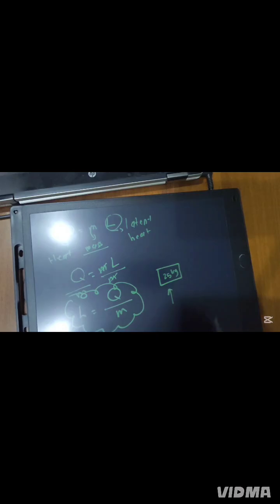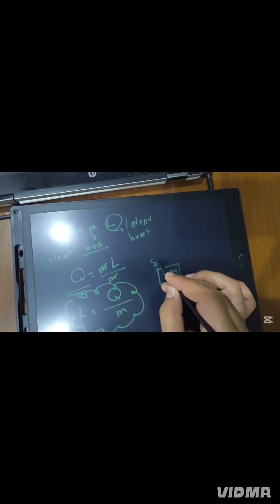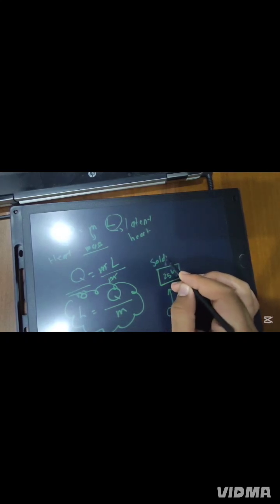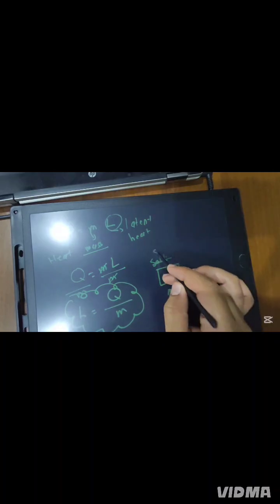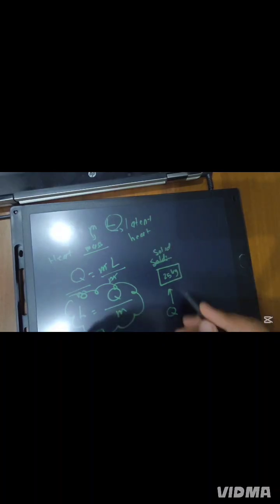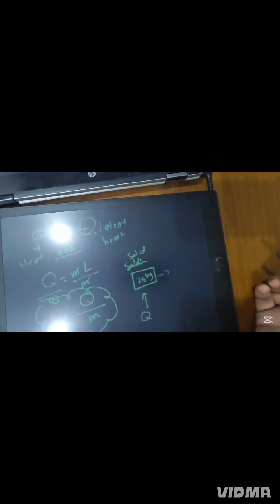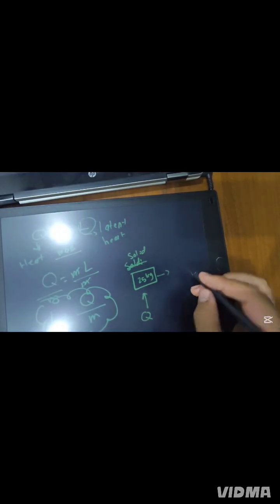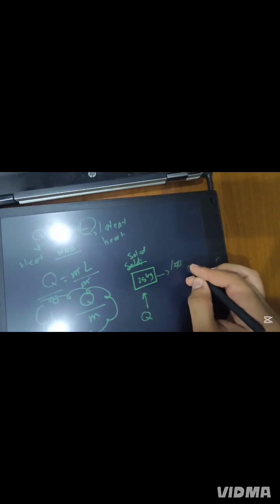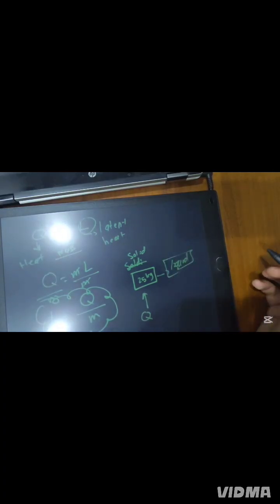If the object is solid, after a while, maybe it takes 1 hour, we see that the state of matter has changed. Maybe it becomes liquid. So this is called latent heat.